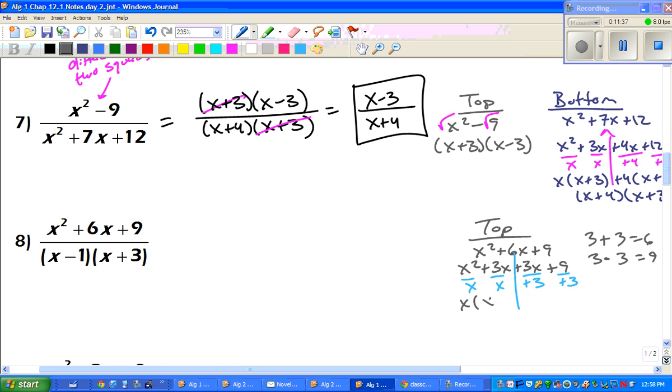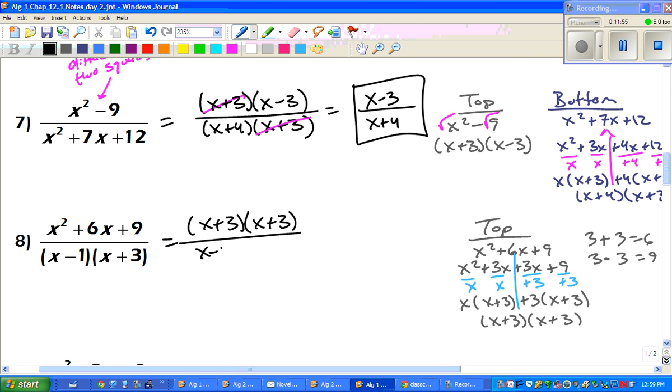And we get x. We're left with x plus 3. We took out a 3, x plus 3, and our two binomials are x plus 3 and x plus 3. Let's make that look like a 3.